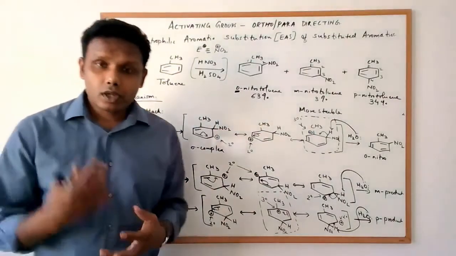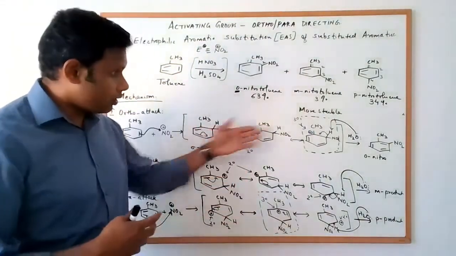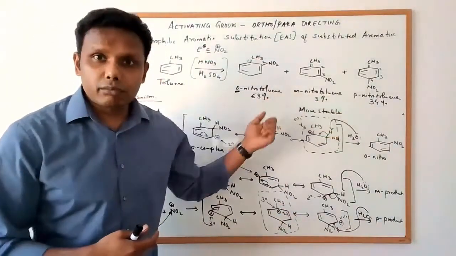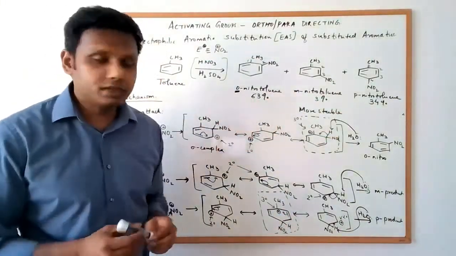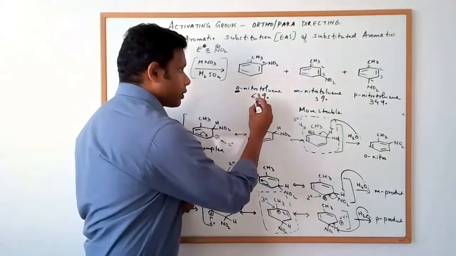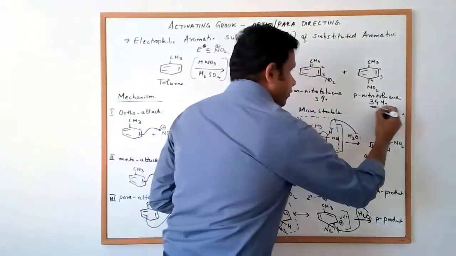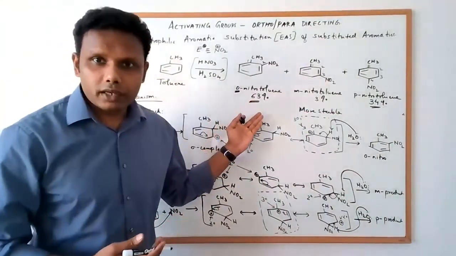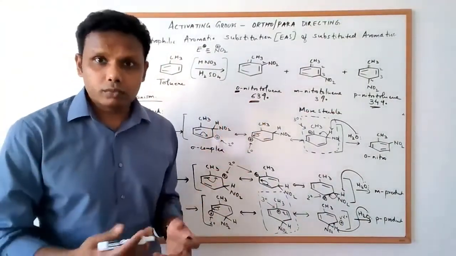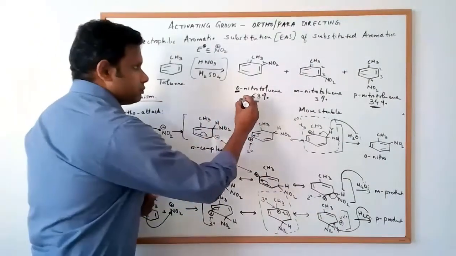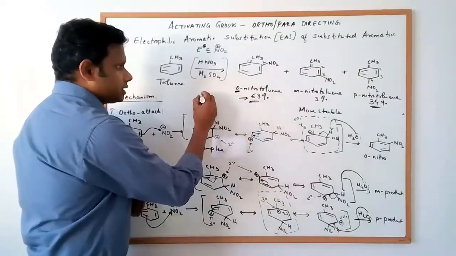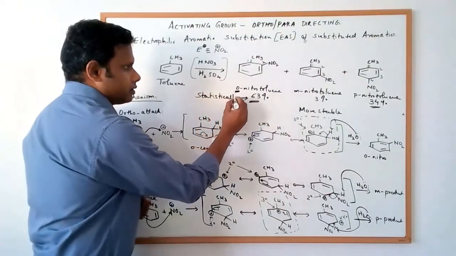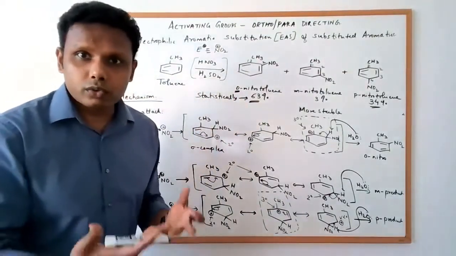Now, you might wonder, if both of them are stabilized, why do we see this difference in numbers? Why do we get 63% of the ortho product and 34% of the para product? So approximately twice as much ortho product. This is because statistically there are more ortho positions.